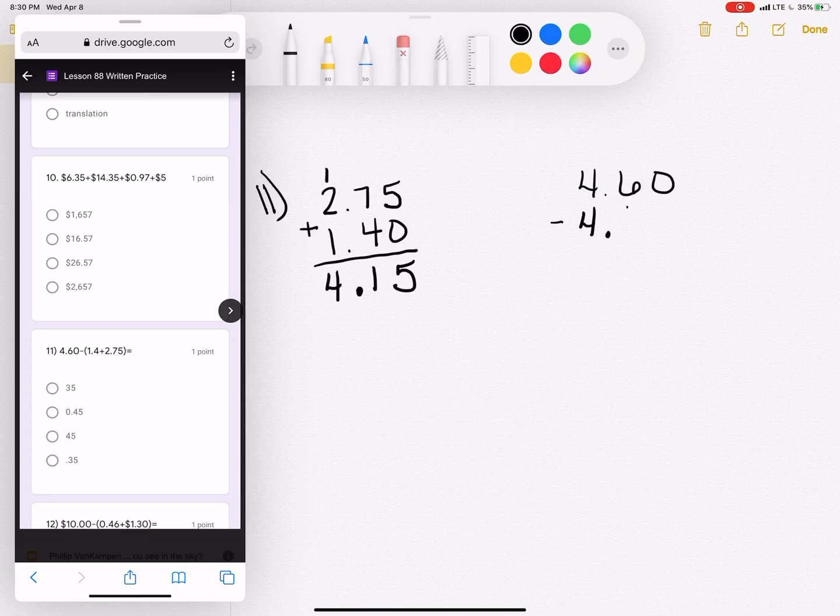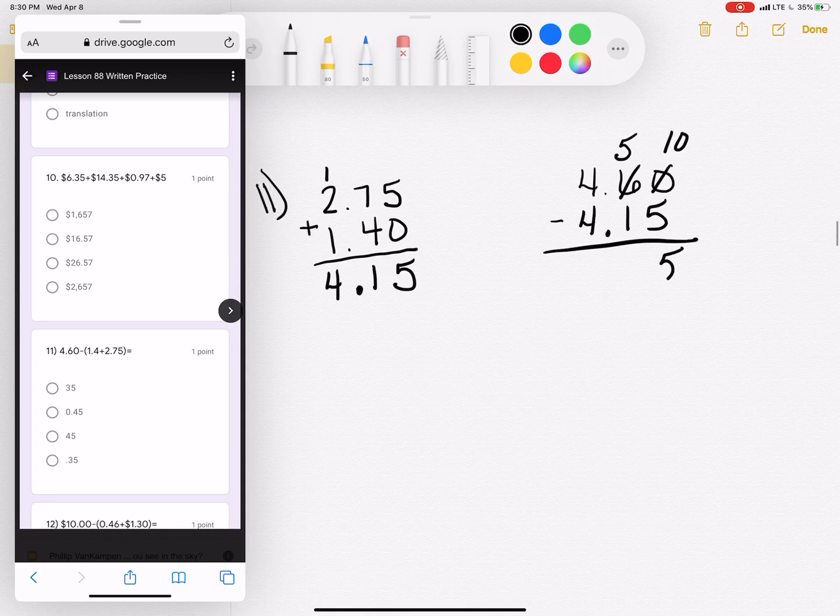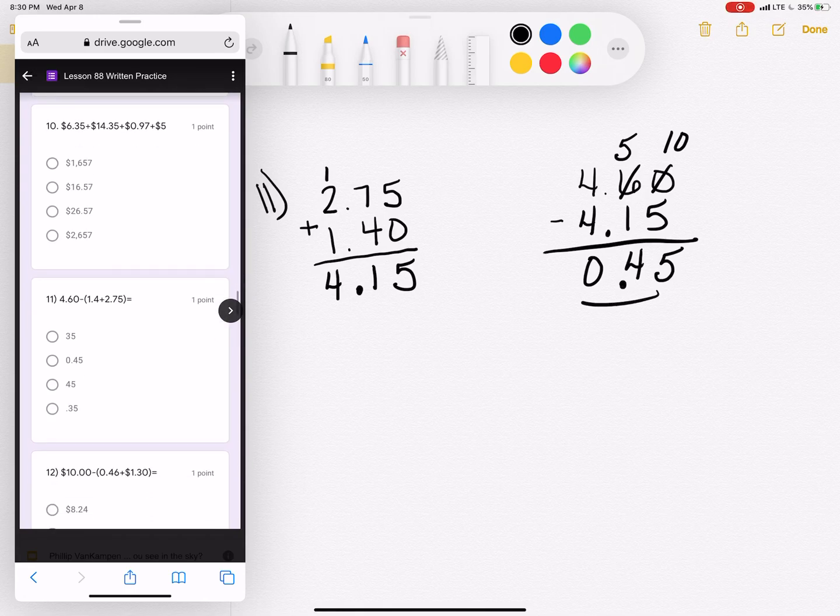Subtract 4 and 15 hundredths. I need to borrow. 0 becomes 10. 10 minus 5 is 5. 5 minus 1 is 4. 4 minus 4 is 0. And that gives you 45 hundredths. There is an option with no decimal. That is not correct.